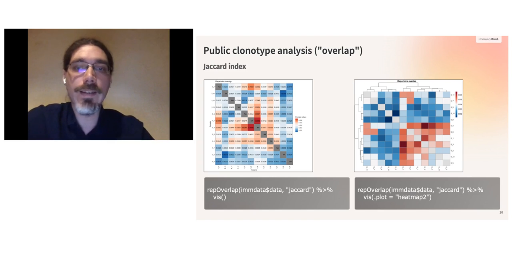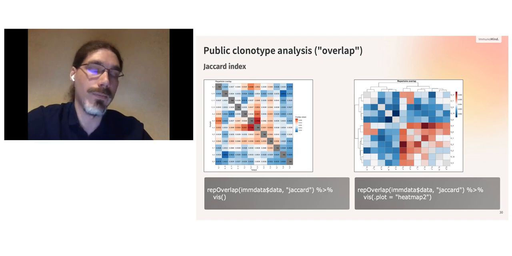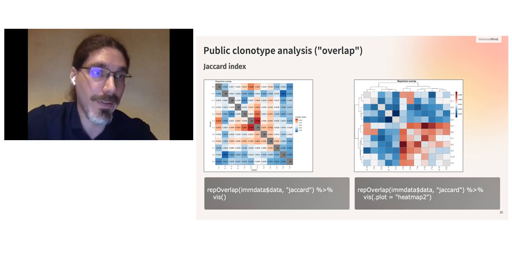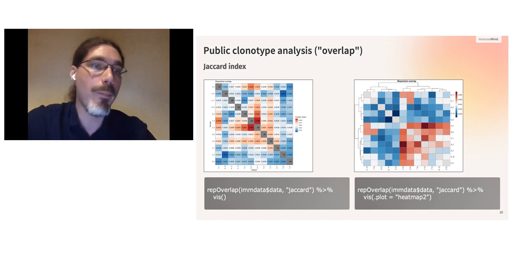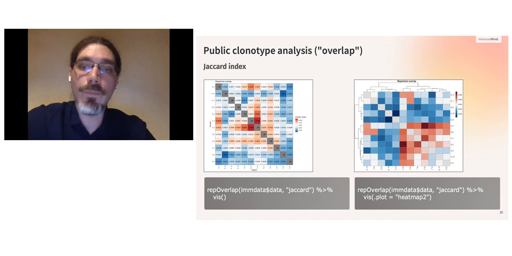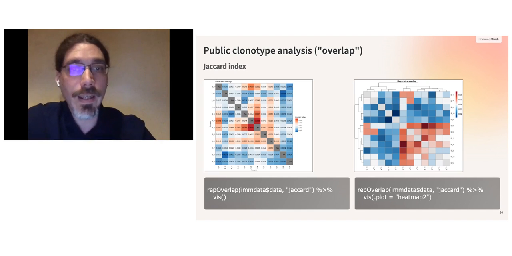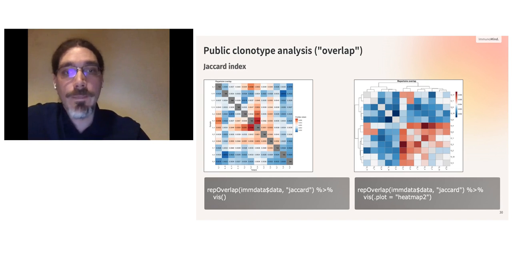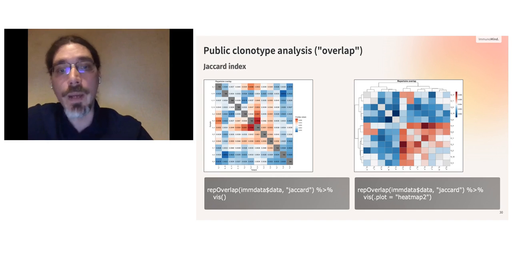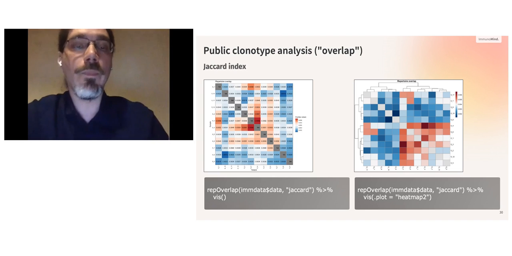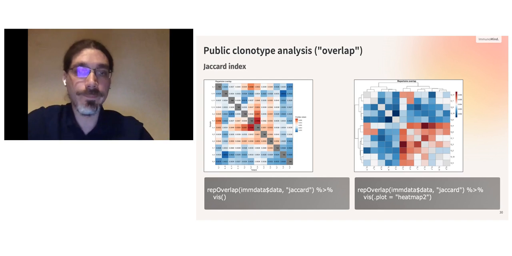As you can see, there are no shared clonotypes in the matrix cells, but numbers which demonstrate the similarity of different repertoires. And again, the second visualization with heat map 2 provides more interesting analysis here.